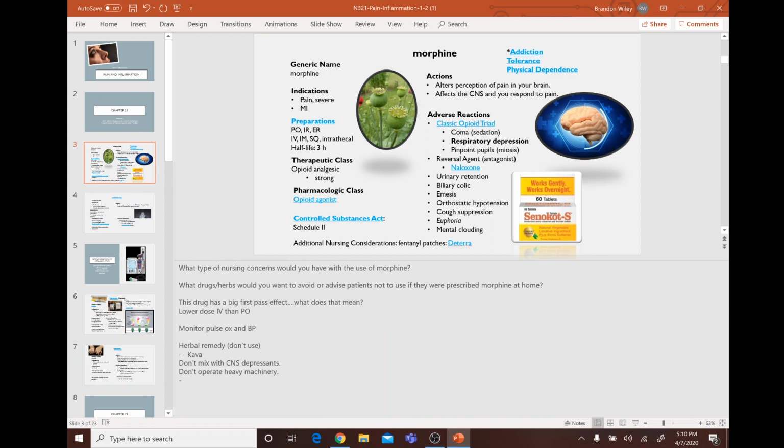Okay, first one's morphine. What's the generic name of morphine? Morphine. What is morphine indicated for? Severe pain and MIs. What are some of the ways that morphine is prepared?